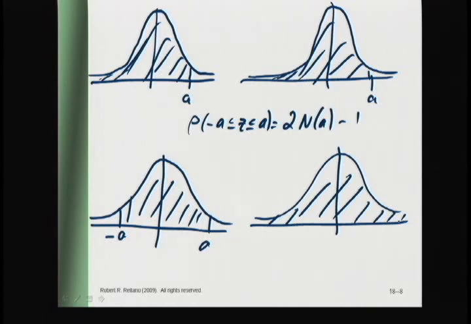When we have 2n of A, all we have to do is move the left tail of the left distribution into the right tail of the right, and we see very easily that 2n of A is exactly equal to the probability we want. And what's on the right now is a full distribution that has probability 1. And that's all that formula is saying. It's just a simple consequence of the symmetry of the normal distribution.